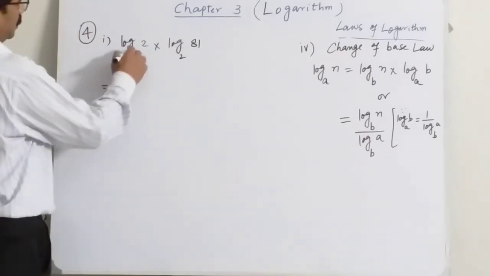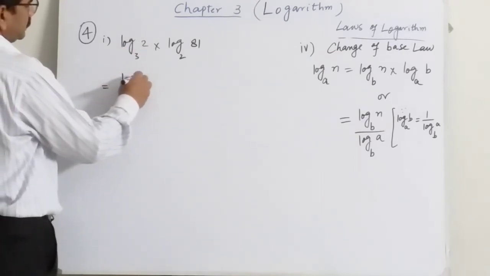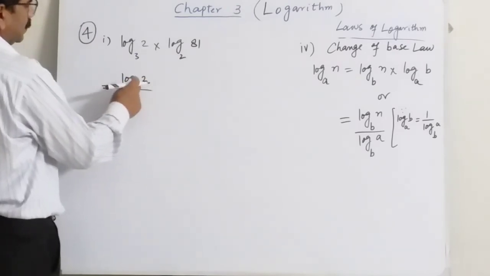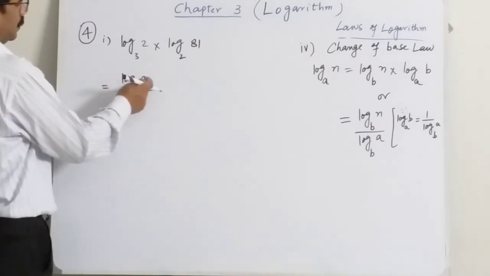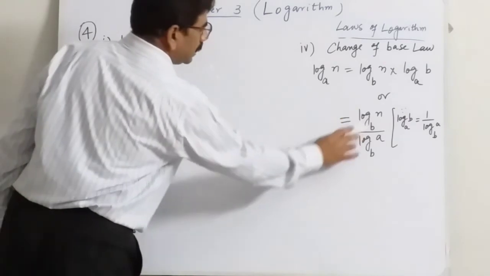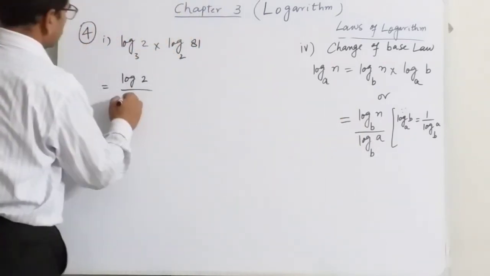In common log, we know that base is 10, therefore we can write it as log of 2 to the base 10, because in common log we don't mention the base, that is equal to 10. Log of 2 to the new base divided by log of original base to the new base.